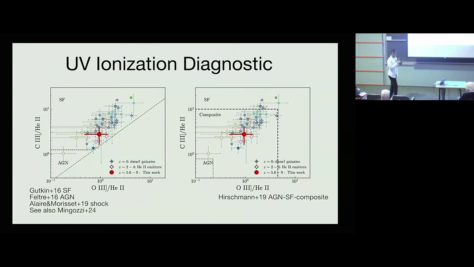On the left, we have AGN, star formation and shock, and the right shows the AGN, star formation and composite region. As you can see, our composite spectrum tends to be lower and very close to the AGN region, indicating they have very high ionization, and their location is also similar to those low redshift, very extreme galaxies.